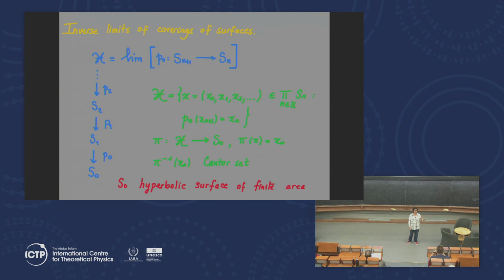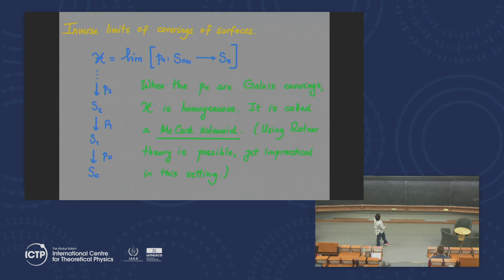These are not branched covers because, well, if we take our solenoidal surface of finite area, we have removed the cusp. If you compactify it, you have branched coverings, and it's the exact same topological information. When the coverings are Galois coverings, you have some additional structure. In the transverse Cantor set, you also get a group structure.